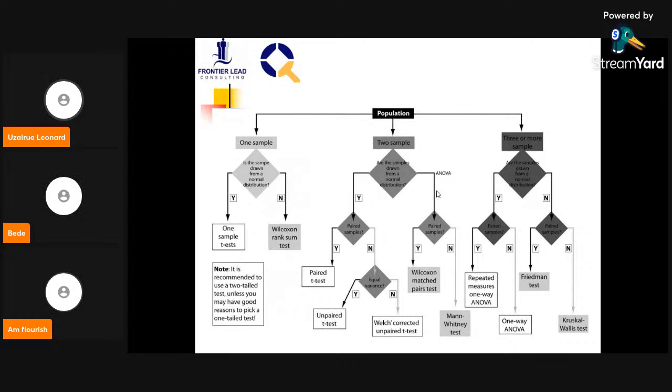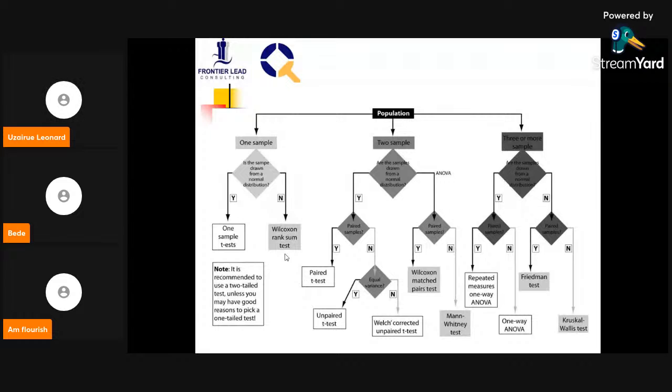Once you run your normality test and it meets the criteria, then you go and run what we refer to as a one sample t-test. But when your normality test does not meet up, you run what we call the Wilcoxon rank sum test, which is an example of what?